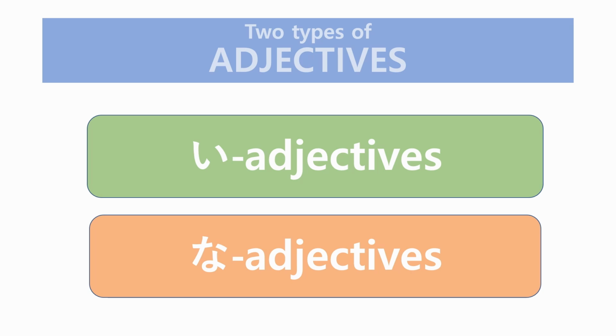They can directly modify nouns and can also be conjugated to express different tenses or degrees of politeness. Na-adjectives do not end with i and often require the particle na when directly modifying a noun.